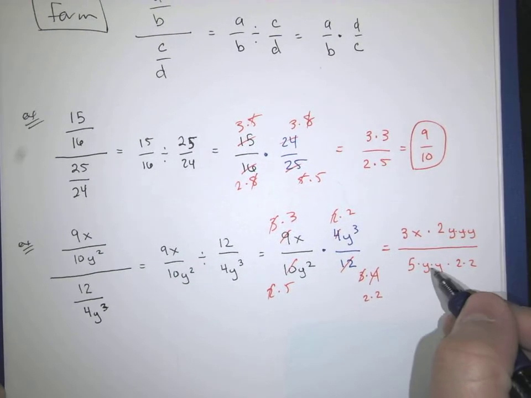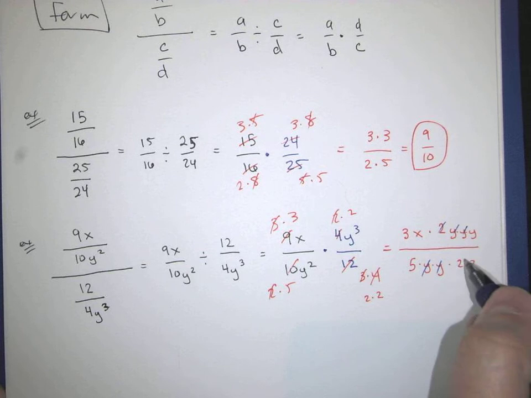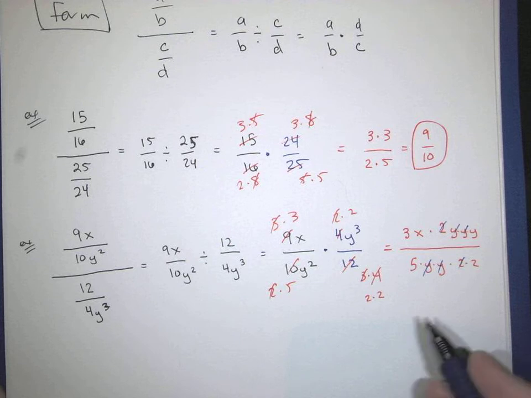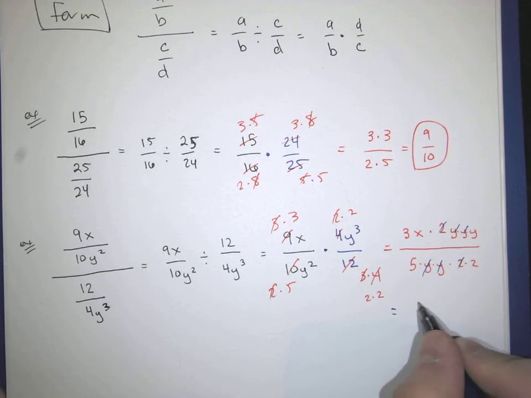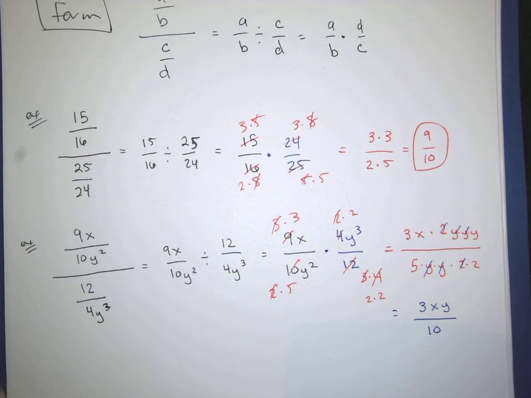So what's going to go? We could do y for y, y for y. We could do 2 for 2. We've got one pair of numbers still to work with. That leaves us with 3 times x times y over 5 times 2, over 10.